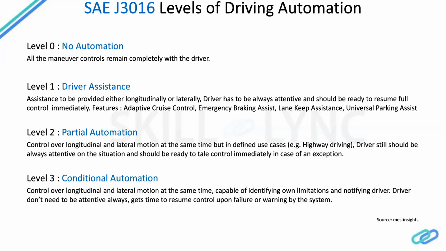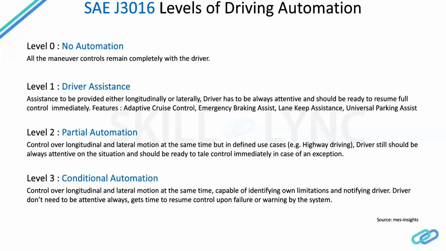Next comes level 3, which is known as conditional automation. Here also it is the same approach. The longitudinal control and the lateral control can be taken care of at the same time, but here the system is capable of identifying its own limitation. Suppose when you are driving, all of a sudden it starts raining heavily. At that time the system will still try to adapt to the situation, but if the camera is completely blocked, and it is not able to see what is happening ahead of it, it will give some time to the driver to take care of the driving again.